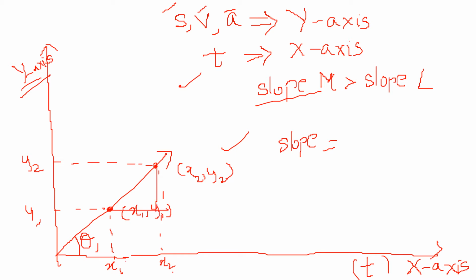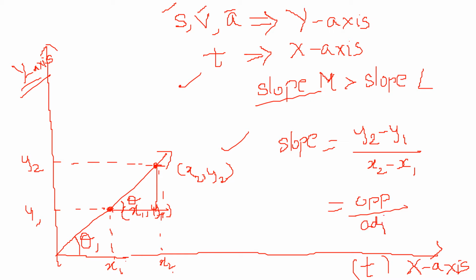Now we want to find the slope of this. So how do we find it? It is y2 minus y1 upon x2 minus x1. So y2 minus y1 means what? If this is angle theta, this becomes the opposite side for that angle, and x2 minus x1 becomes the adjacent side, right?